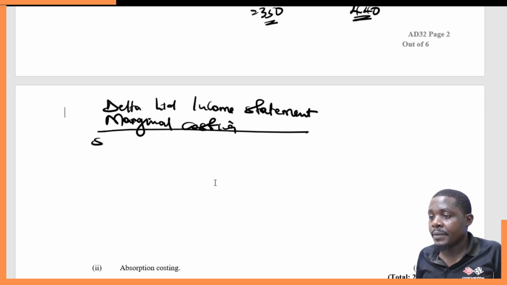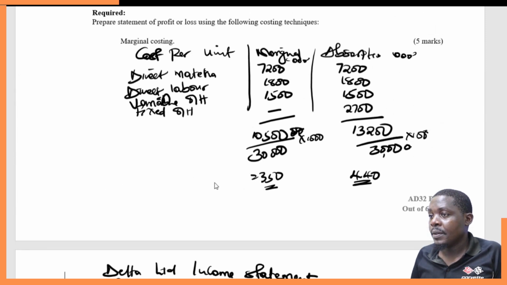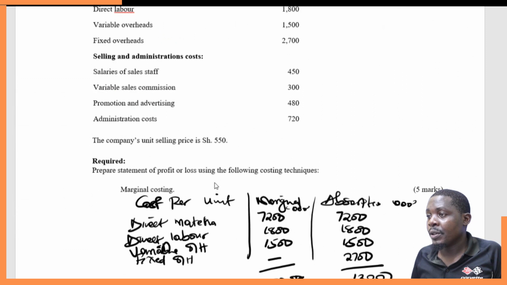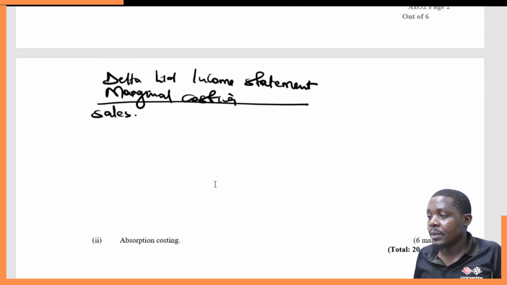We start with sales. We are told that selling price is 550 and units sold were 24. Now we are taking 550 multiplied by 24.